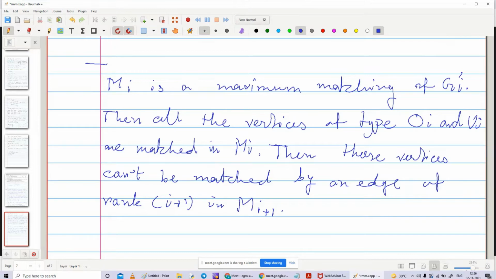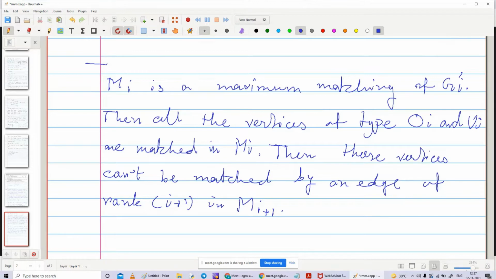We have proved that this partition of odd, even, and unreachable doesn't depend on the maximum matching. That's why we can take any maximum matching. And since we have proved that Mi is a maximum matching of G prime i, all the odd and unreachable vertices can be found with respect to Mi also.